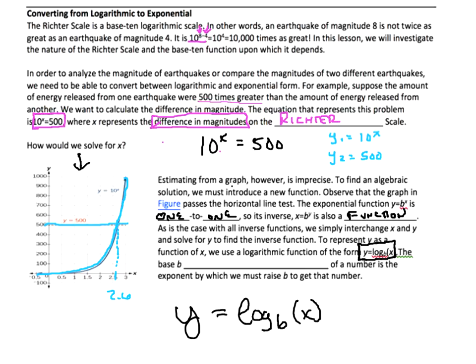The base b logarithm of a number is the exponent by which we must raise b in order to get that number.